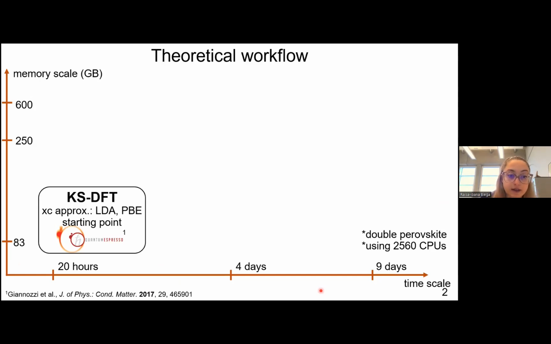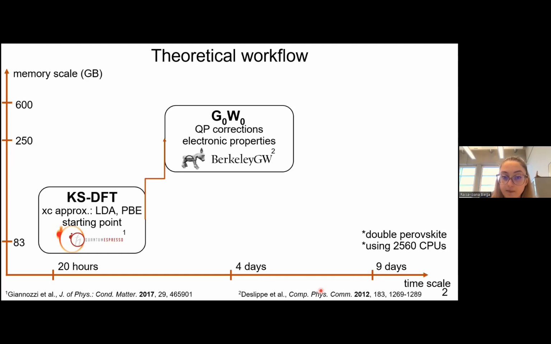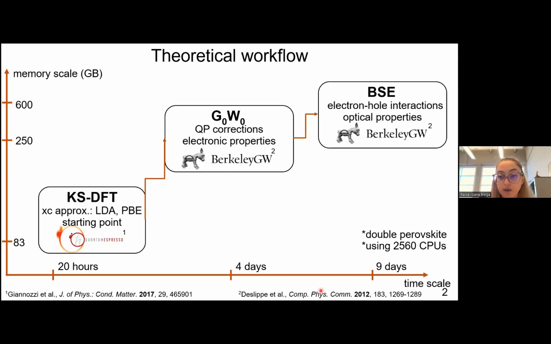So you see that the first part, the mean field calculation, the starting point, takes about 1 day. Then those quasi-particle corrections that lead to more accurate electronic properties, that is another 3 to 4 days usually, and also the memory requirements increase drastically. And then I go to the Bethe-Salpeter equation, then I include the electron hole interactions, and that is more or less 10 days.